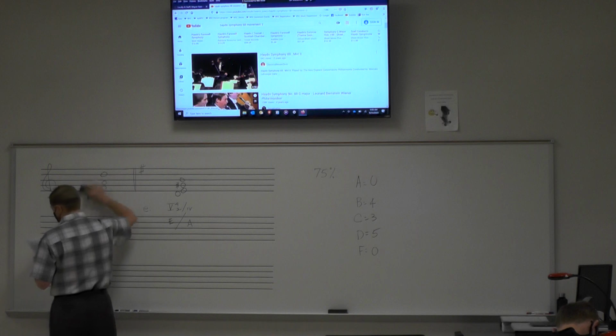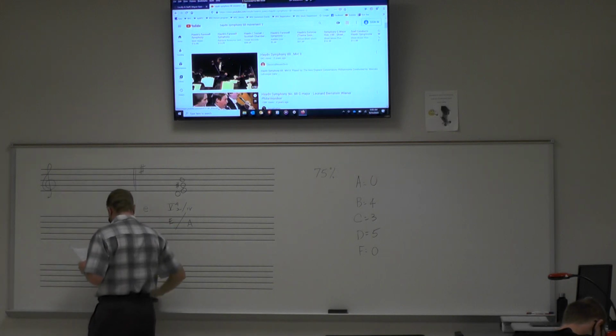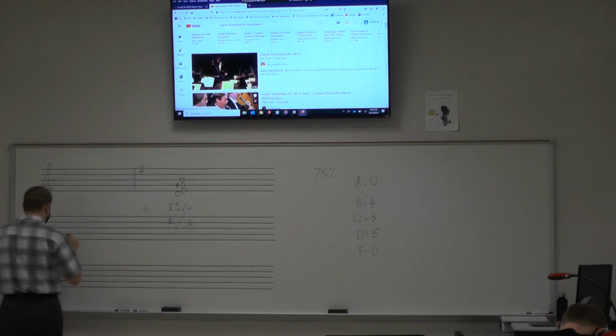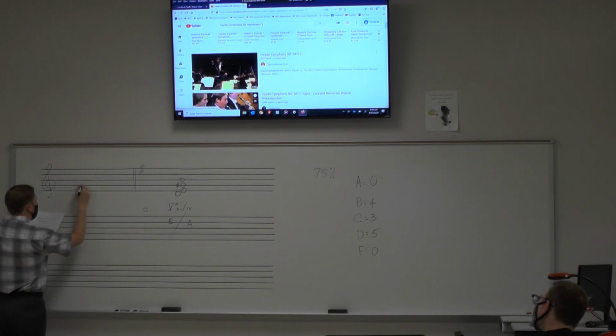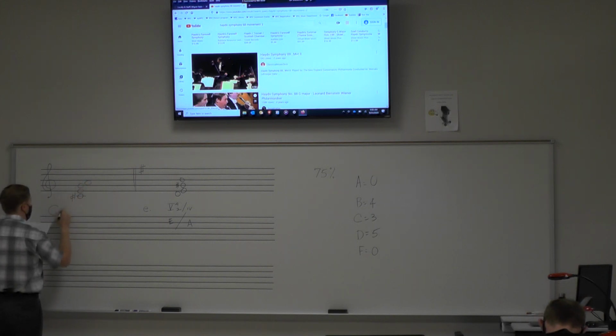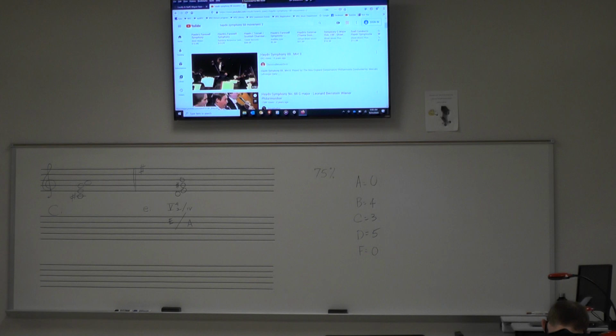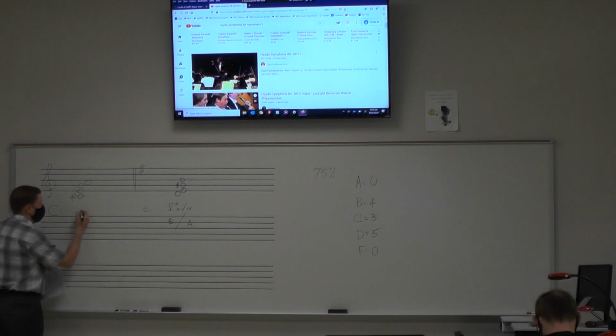The next, I'll do the next section too, since there's just a few chords. The chord that you are given looks like A, C sharp, E, G. That is a dominant 7th chord, a major minor 7th chord. I think I had a few answers like this.